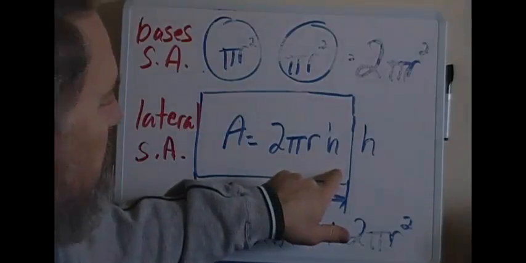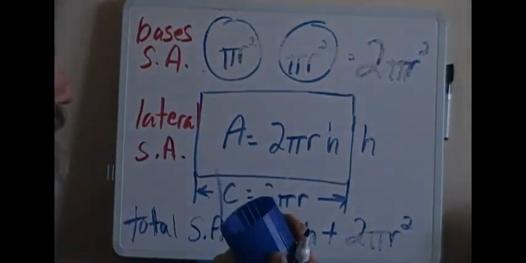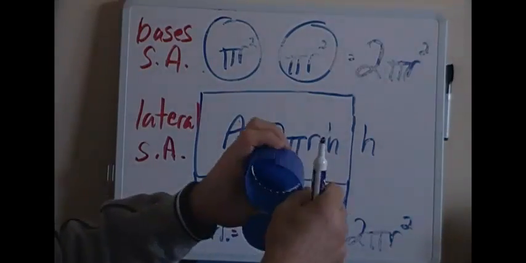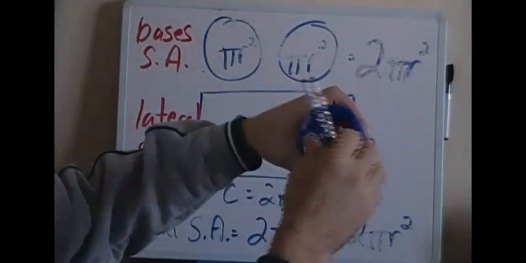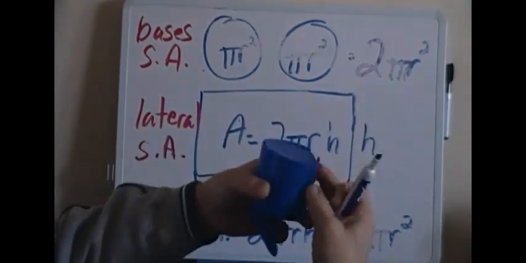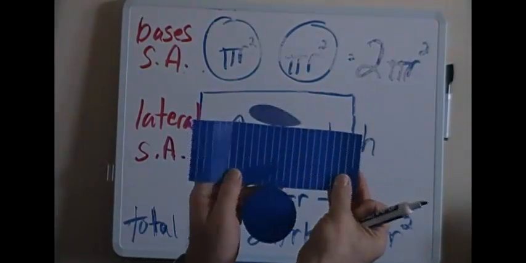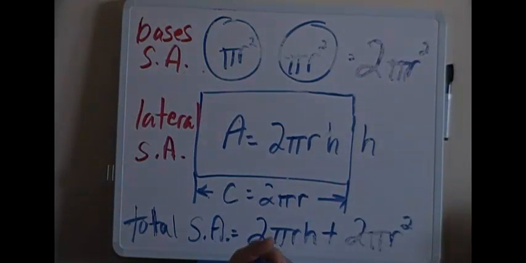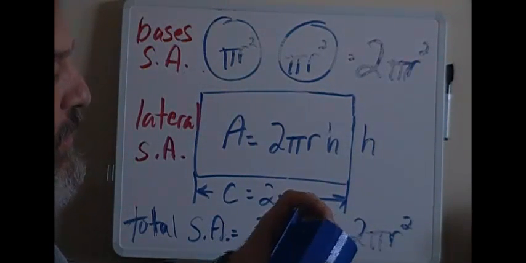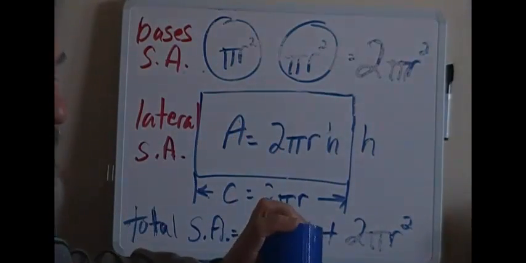The other part of the surface area, this part here, well, if you think about that, this part here represents the distance around the circle. This edge here, the distance across the top or across the bottom, whichever way you want to look at it, represents the circumference of the circle. And the way I always teach students to look at the circumference of the circle is that it's pi times the diameter.